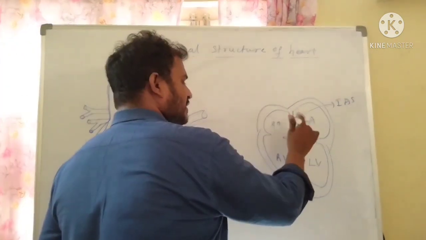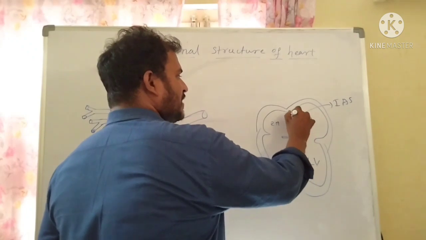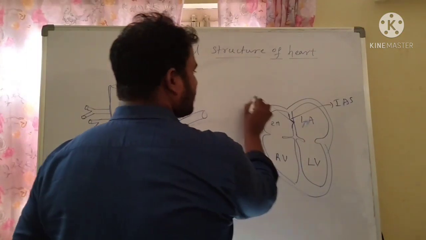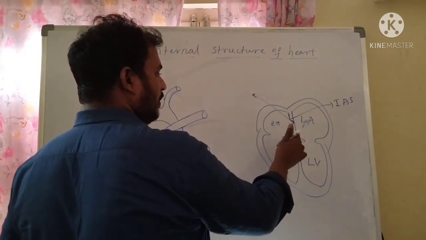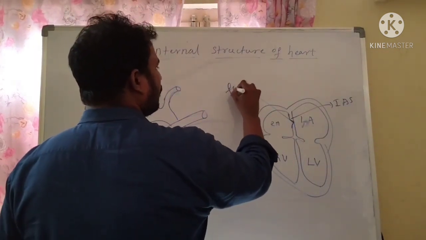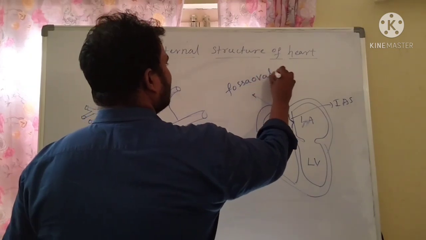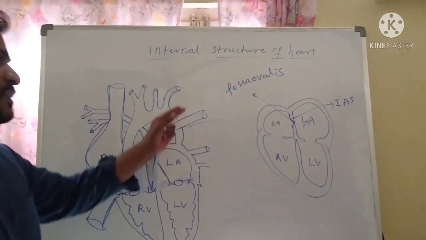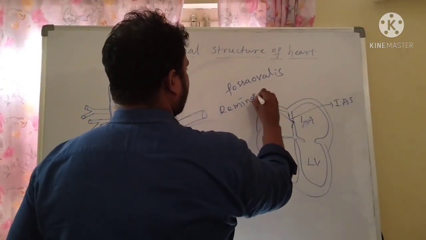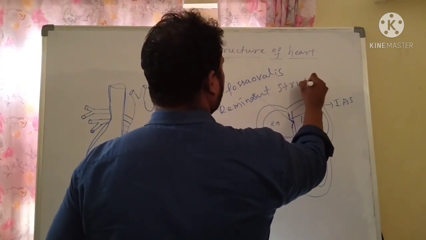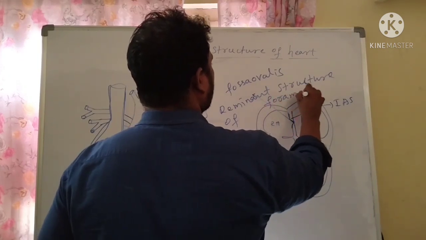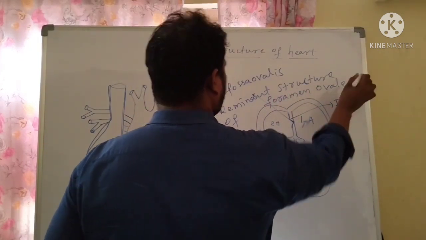On the interauricular septum, there is a depression-like structure called the fossa ovalis. This fossa ovalis is the remnant of the foramen ovale.